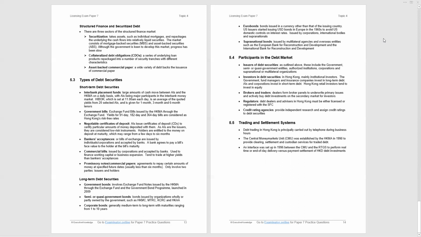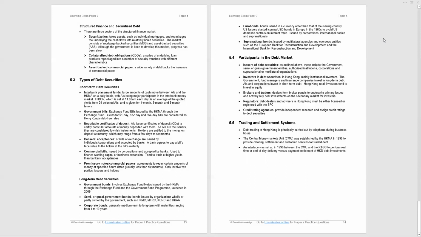Those asset-backed securities could be student loans, the underlying assets, credit card receivables, etc. Collateralized debt obligations, CDOs, is where we mix up a number of asset-backed securities, repackage them, and issue different security tranches. An asset-backed commercial paper, wide variety of debt, backs issuance of commercial paper.